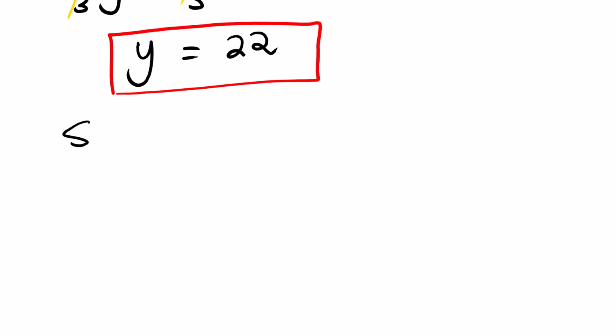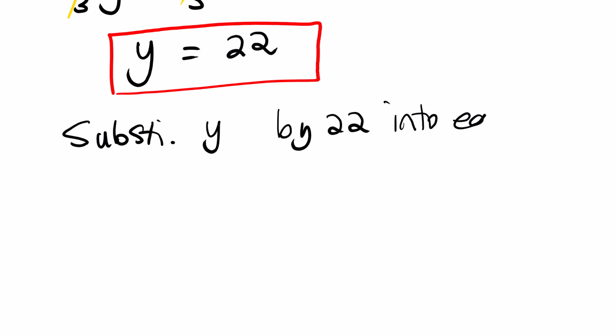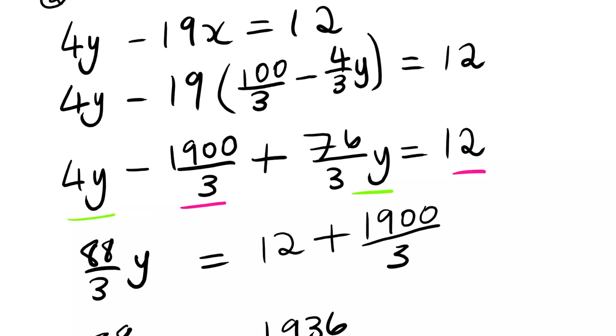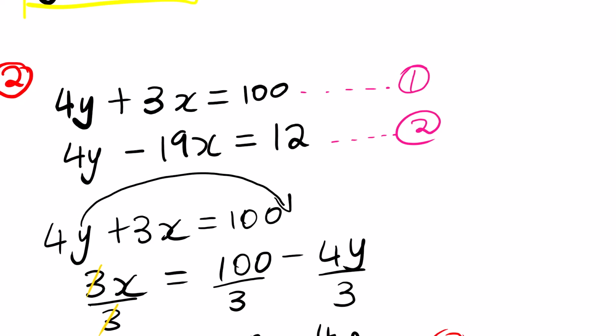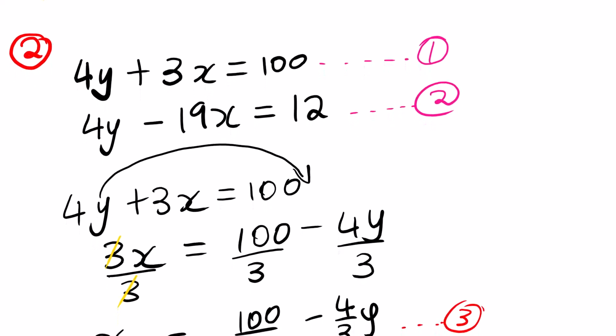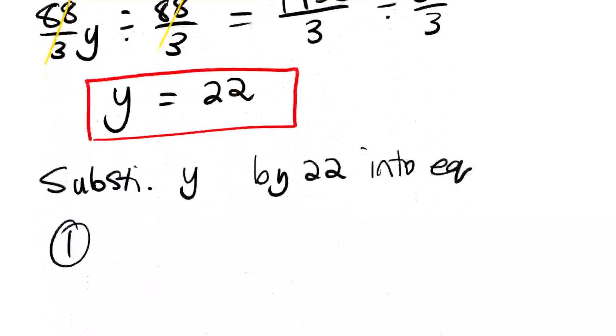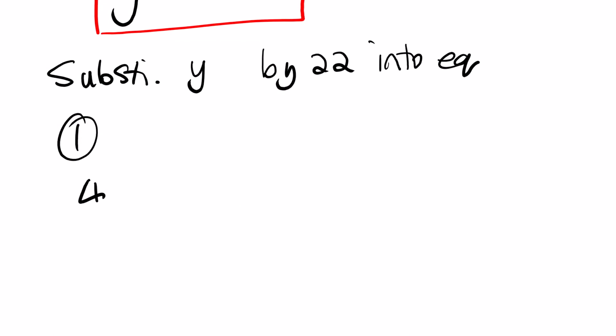Our second solution, substitute y by 22 into equation 1. Now let us quickly go back and look at equation 1. So equation 1 is 4y plus 3x equals 100.